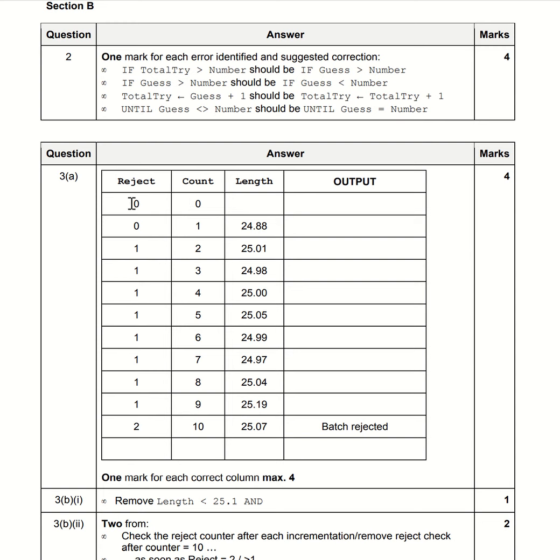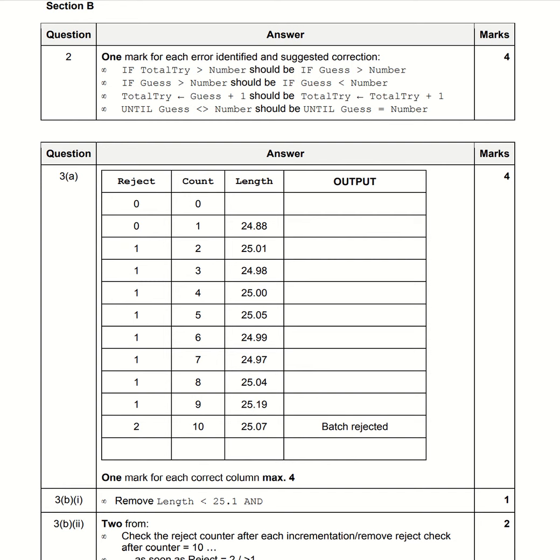In the beginning it was 0, reject and count, and when the first length was put in, count increased by 1 but reject didn't increase. I mean, sorry, reject was 0 and count was 1, but then reject increased by 1 because this was wrong.